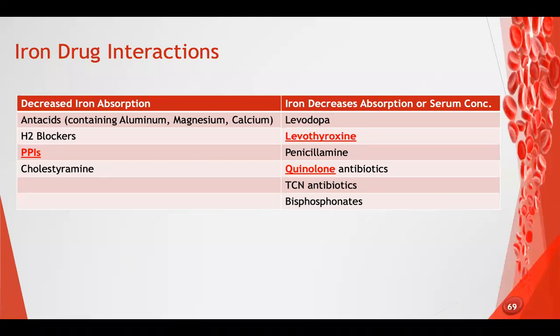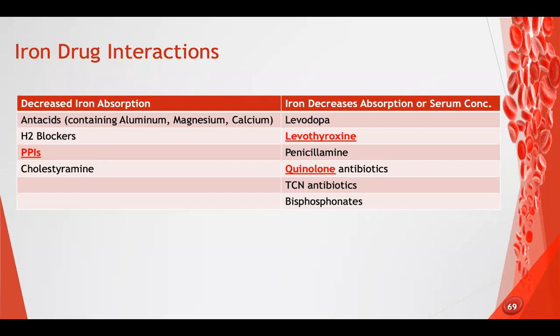That's one of the reasons why vitamin C can be given and possibly help with absorption. But anything that decreases the acidity of the stomach will decrease the iron absorption. So our antacids, H2 blockers, and PPIs, we use them for GERD. We utilize them to decrease stomach acid, as well as cholestyramine, which is a cholesterol agent.